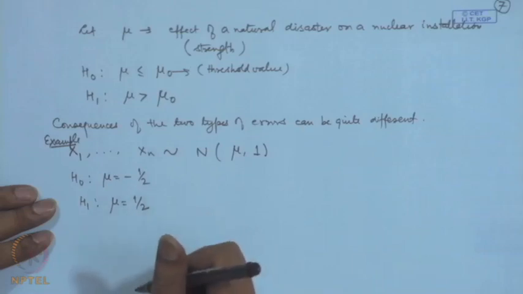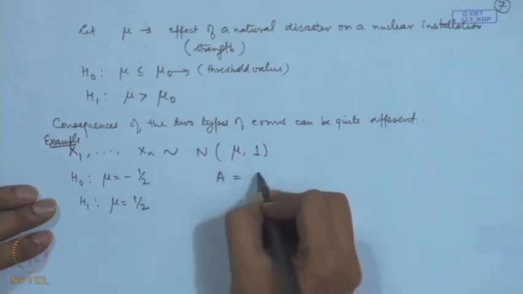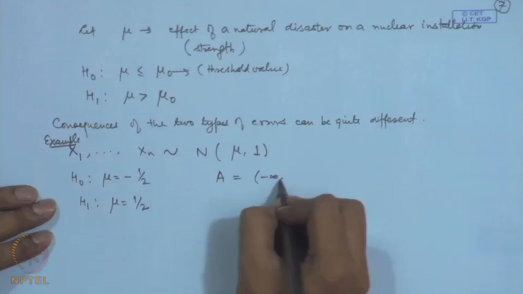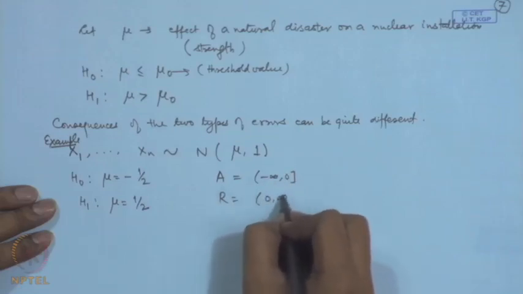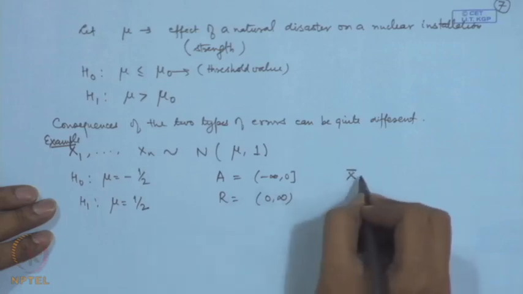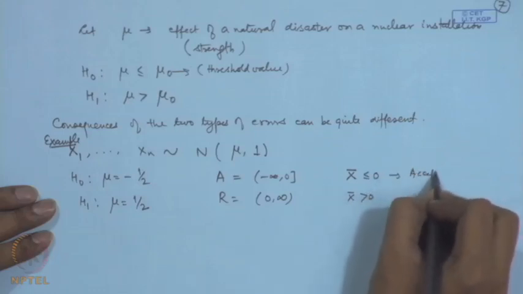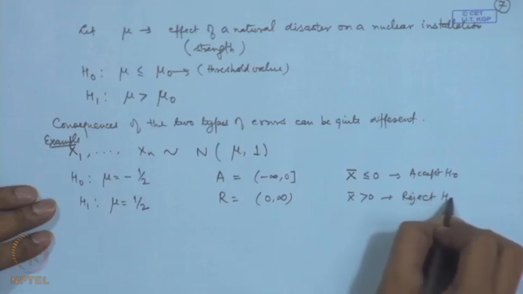Now, we take a decision based on x bar. If x bar is negative we accept the hypothesis; the rejection region is 0 to infinity. So, the decision is based on x bar less than or equal to 0, or x bar greater than 0. Here we accept H naught and here we reject H naught.